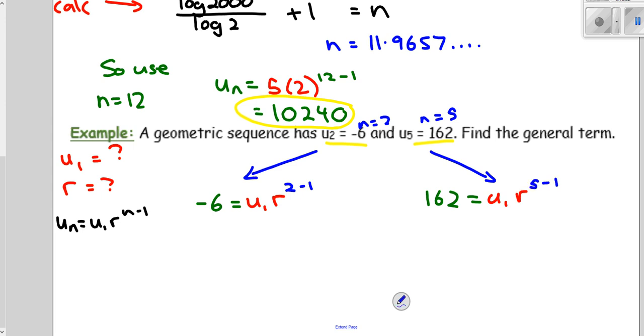And then I'm just going to simplify that. -6 is u of 1 r to the 1, or r, you could say u of 1 r. 162 is u of 1 r to the 4. So that's just like saying r really, but I'll just leave the exponent there.